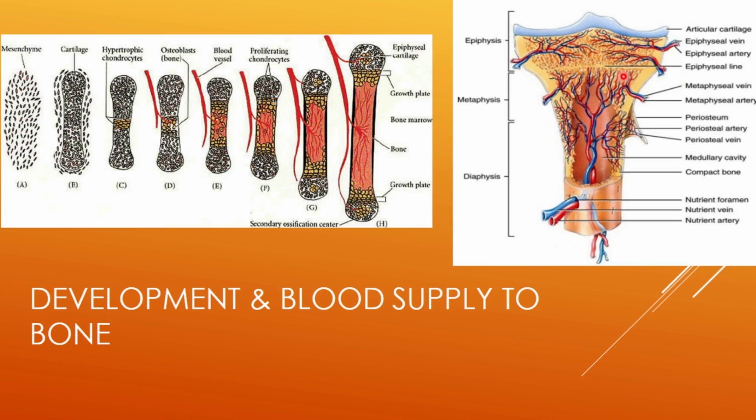So you might see that on bones from time to time. But those areas where we had the primary and the secondary ossification sites are still entrance and exit points for blood vessels. So we have nutrient arteries and veins which enter and leave the bone throughout life.